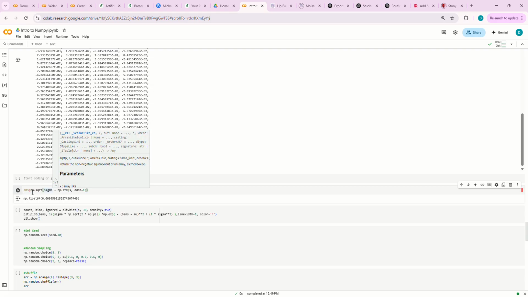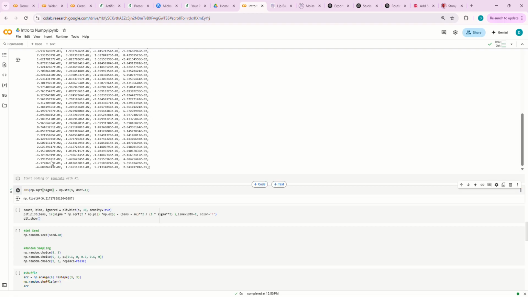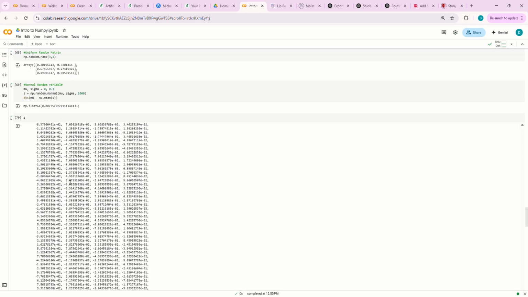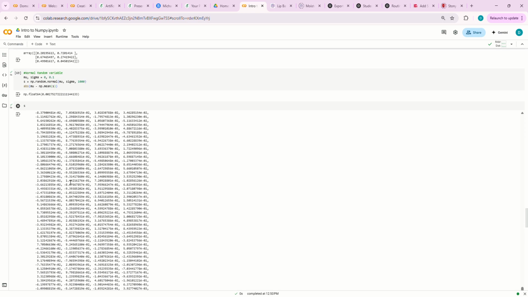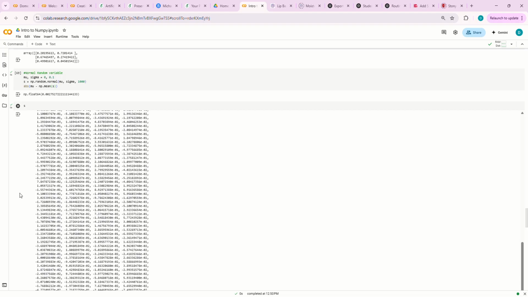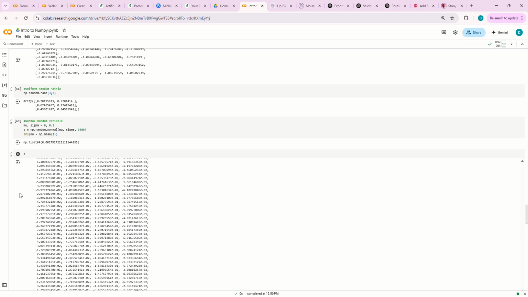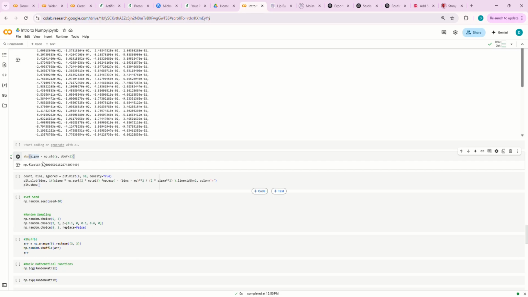So let's see what happens when you take that. So there's a pretty big difference between the standard deviation and the found standard deviation. That's right, sigma is the standard deviation. There's a very small difference between the standard deviation and the found standard deviation.